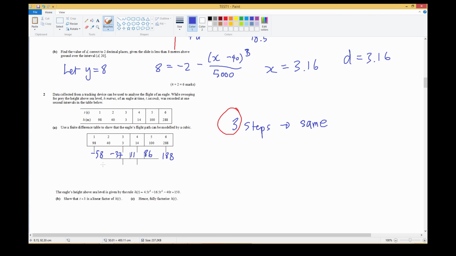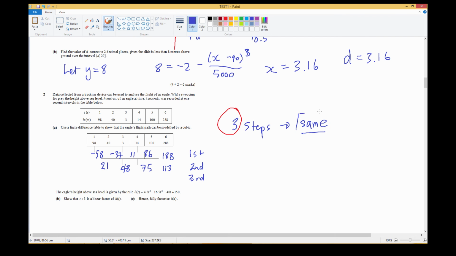It's going to be a positive, so it'll give me 21. 11 minus 37, it's going to be positive 48. 86 minus 11 is going to give me 75. 188 minus 75 will give me 113.